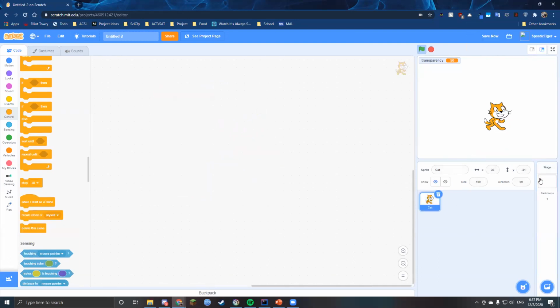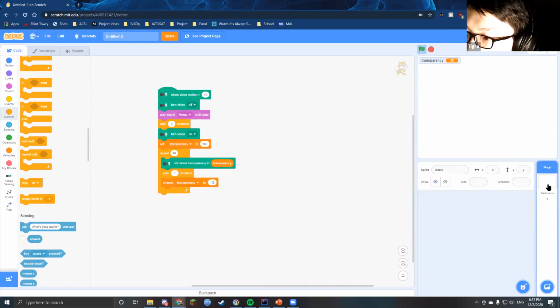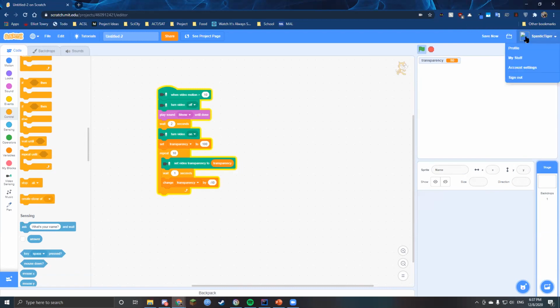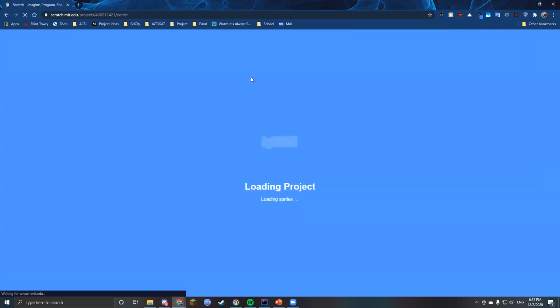Do you click that flag? Yeah, you stop and then click that stop and click the start again. I don't think anything's happening. Yeah, you probably need to check what the transparency level currently is.